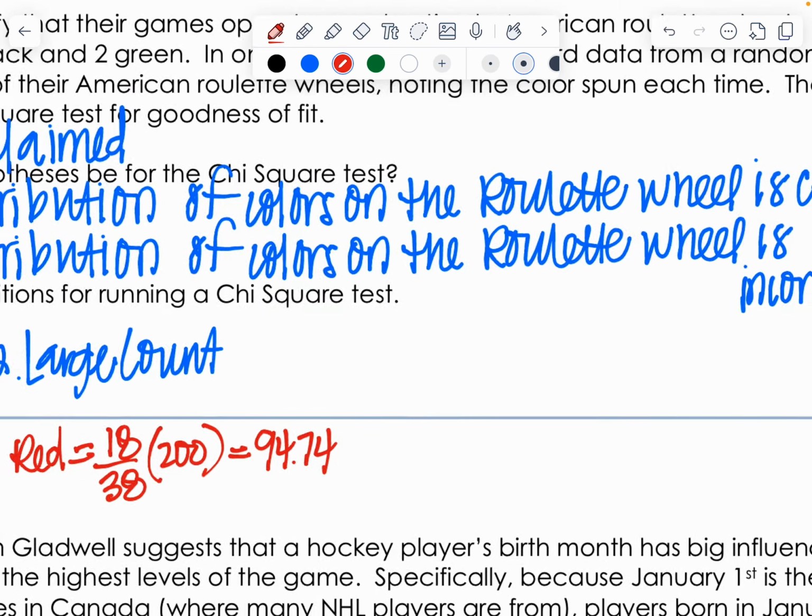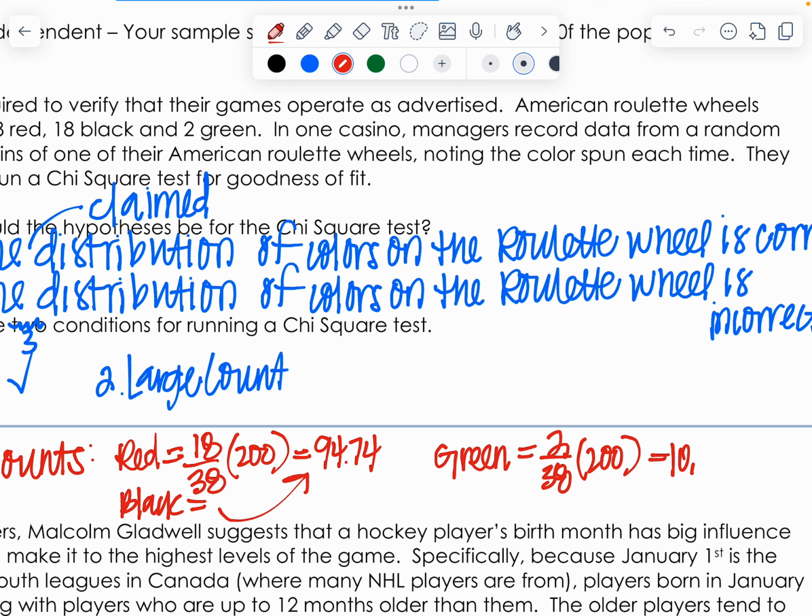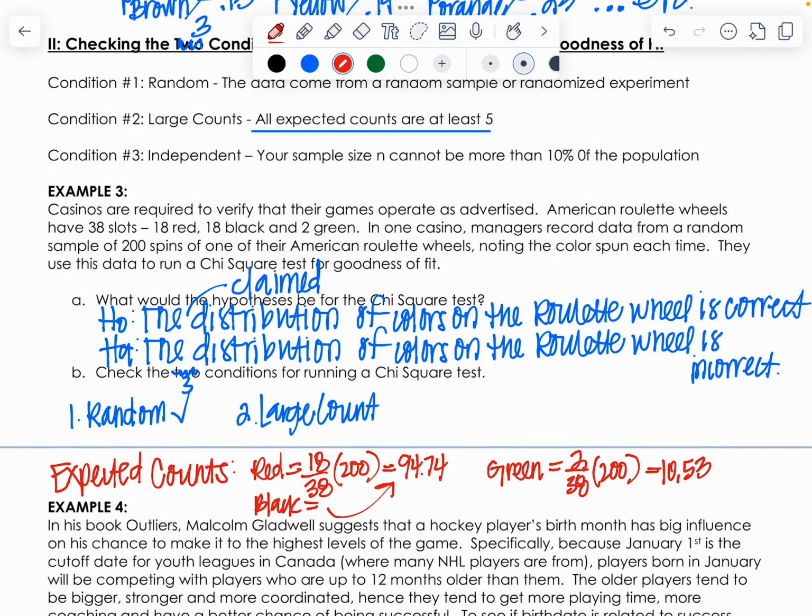For black, we would do the same. So I'm just going to write black here. The same. And then for green, we would have had 2 out of the 38 times the 200 spins. So 10.526, so maybe 10.53 would be black.